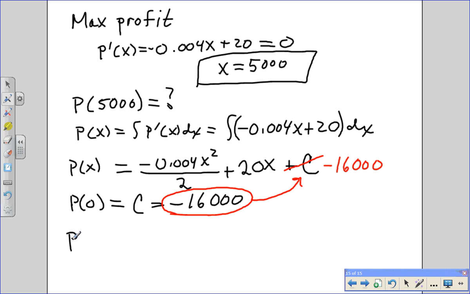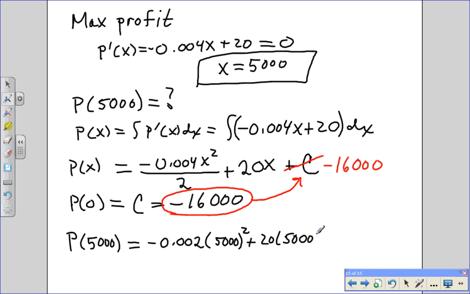And now we can find the maximum profit. So P of 5,000 is negative 0.002 times 5,000 squared plus 20 times 5,000 minus 16,000, and it turns out that that maximum profit is $34,000.